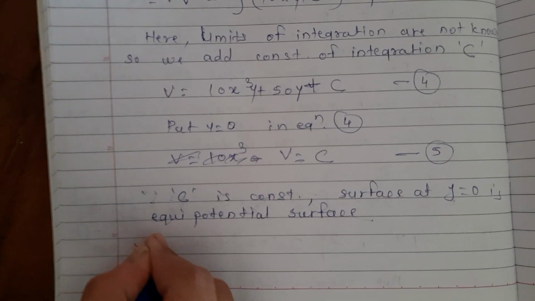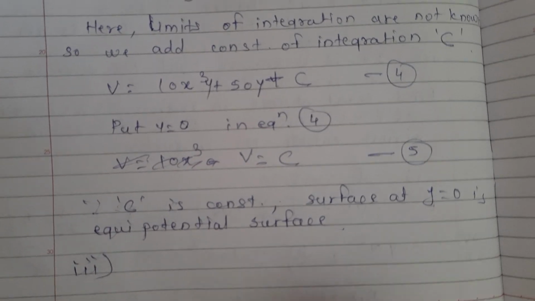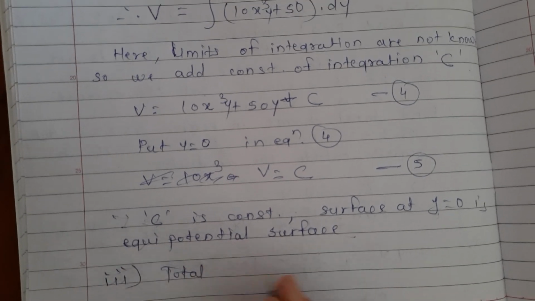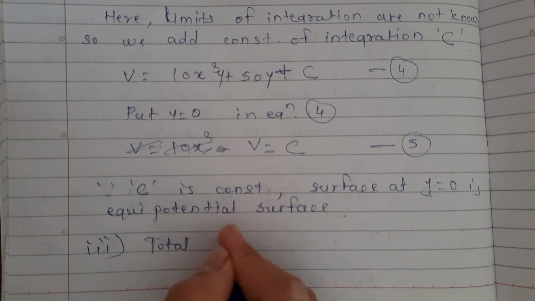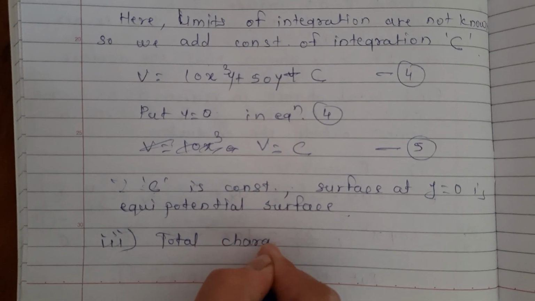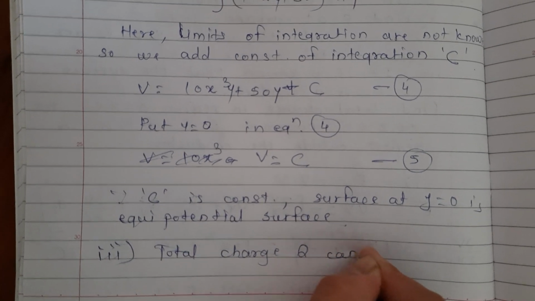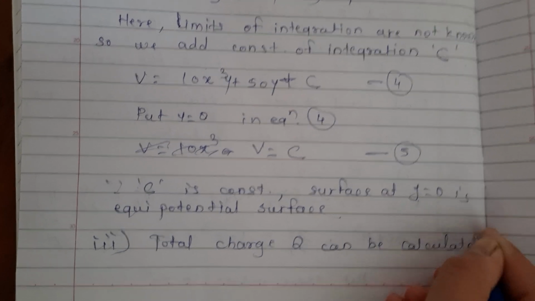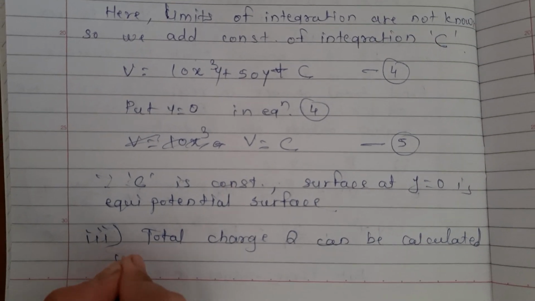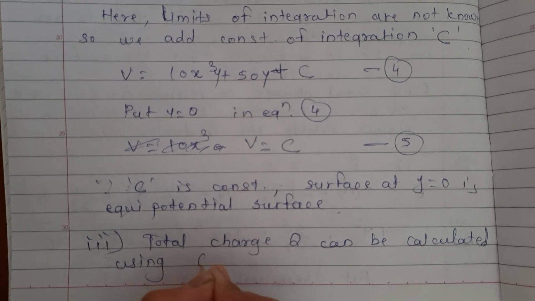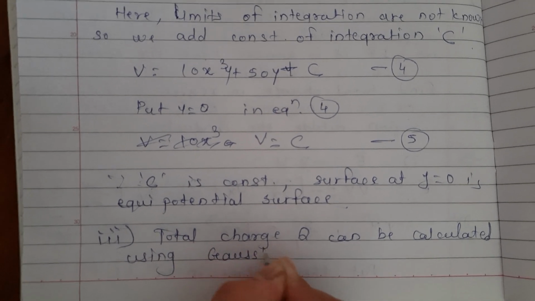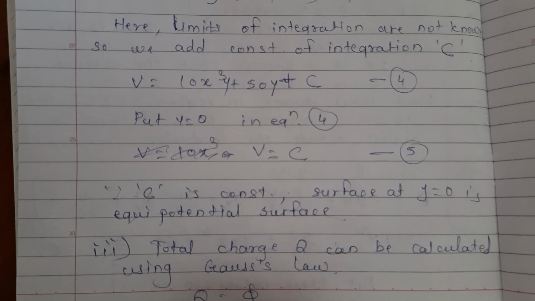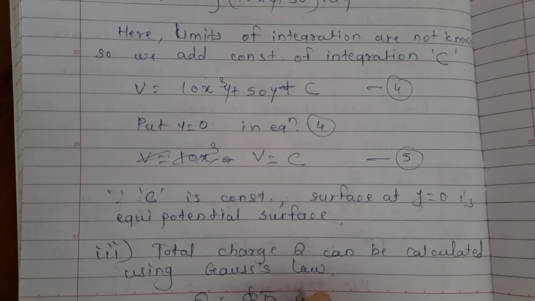Now the third part of the problem. Here the total charge Q can be calculated using Gauss's law. So Q is equal to the integral of D bar dot dS bar.